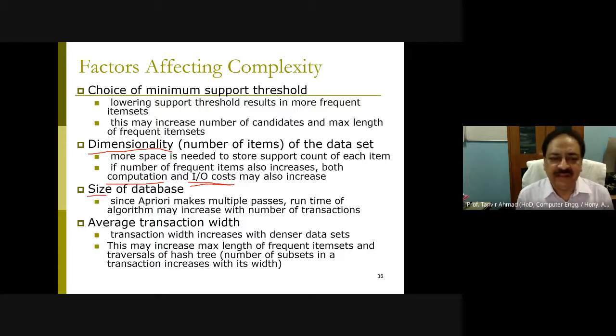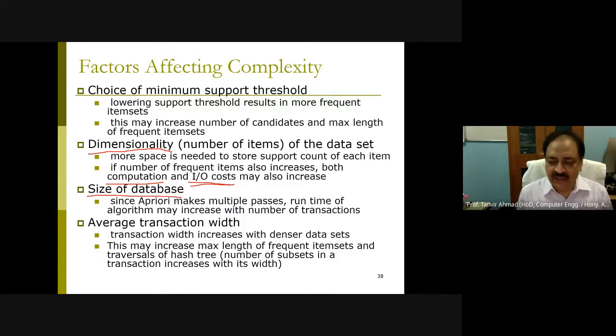Now, the third factor is the database. Since Apriori makes multiple passes, the runtime of the algorithm will increase with the number of transactions. I already told you, because in order to find the two-itemsets, you have to scan the database. For k equal to 3, you have to run one more scan, and for k equal to 4, again one scan.